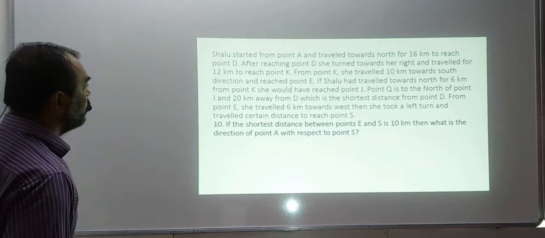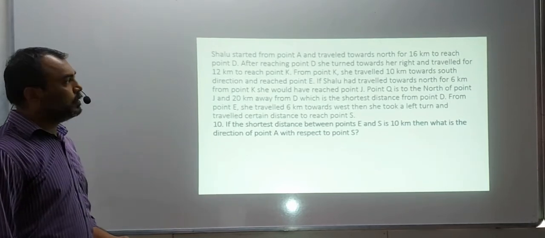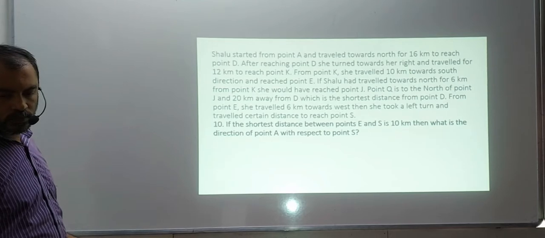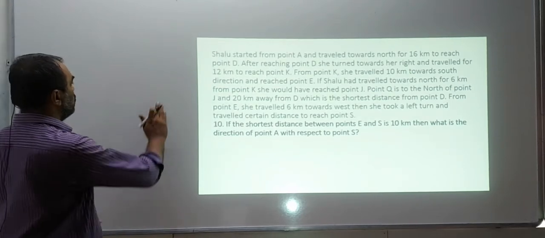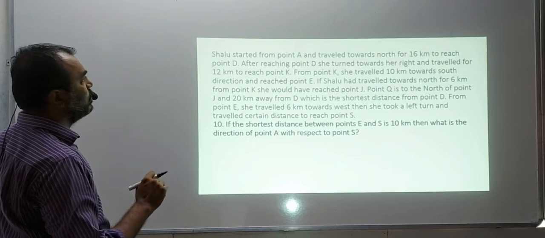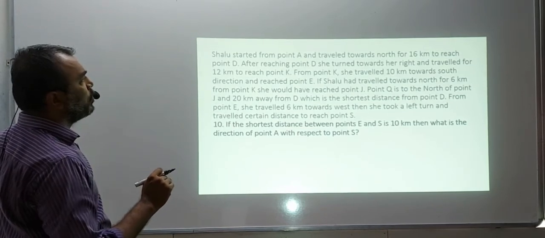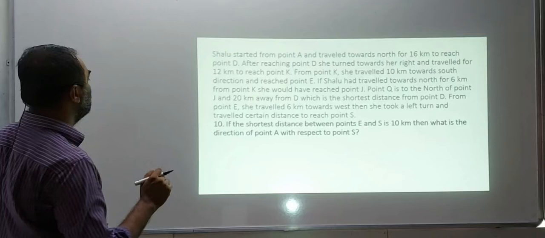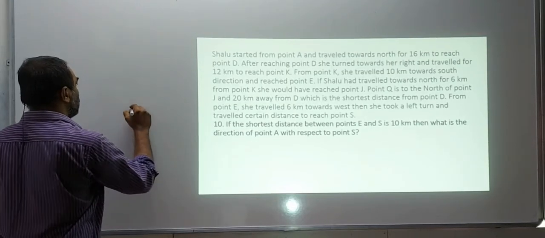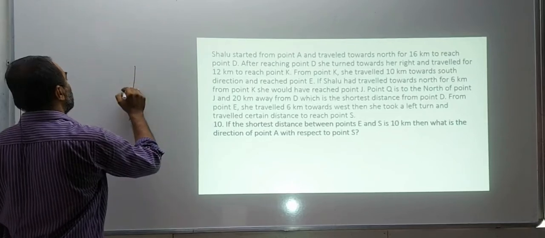Okay, so I'll give enough time now, and we'll start with the directions mentioned. So I hope you have drawn your own diagram, and now you can compare your diagram with mine.